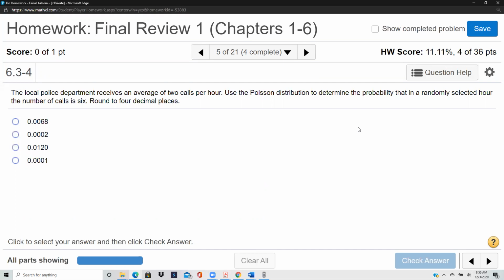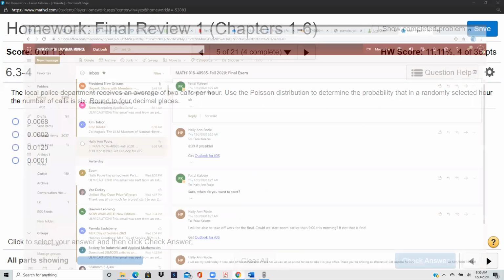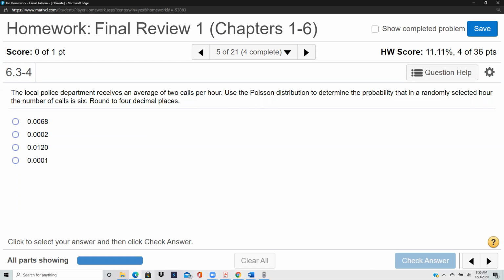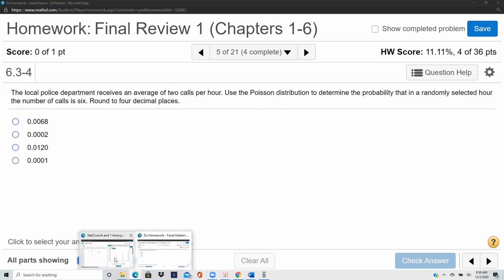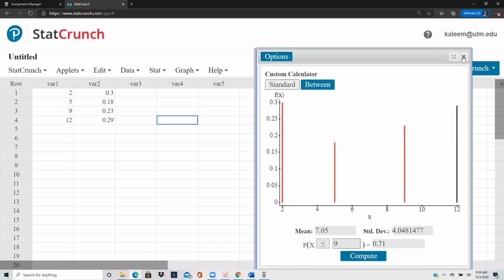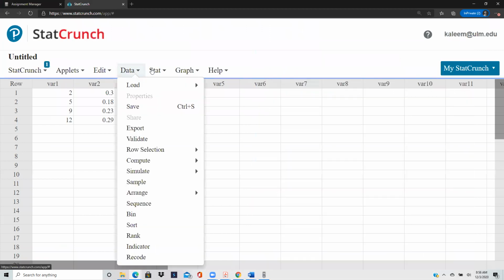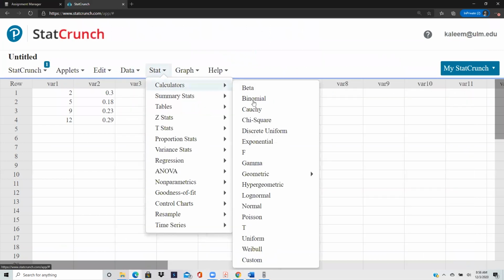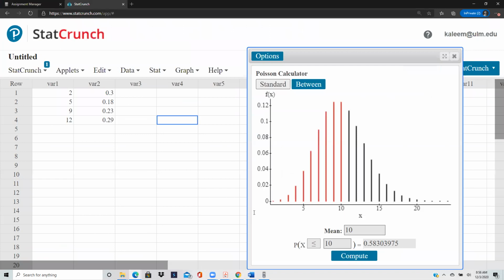Will we use the Poisson calculator? Stats, calculator, Poisson.